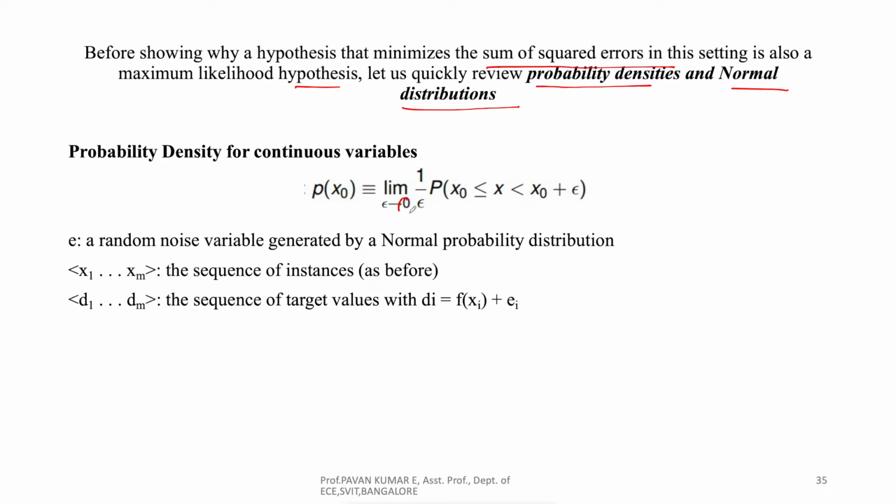Your x value should be between x naught and a change in x naught. That is your probability density function of a variable. Based on this you should train your data set.